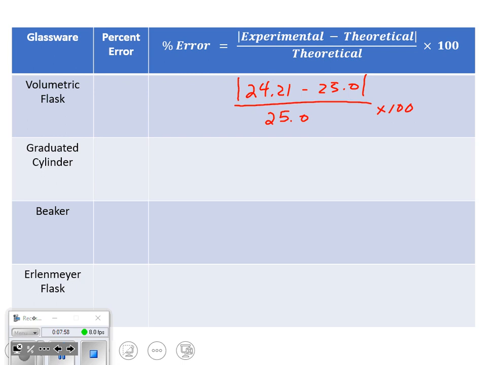So I'm going to keep that 0.79 in my calculator, but I'm going to know that I've got 1 sig fig up there. I'm going to keep it because it's going to be more accurate in the long run. So I take that 0.79, divide that by 25, multiply by 100, and I get a value of 3% error for the volumetric flask.